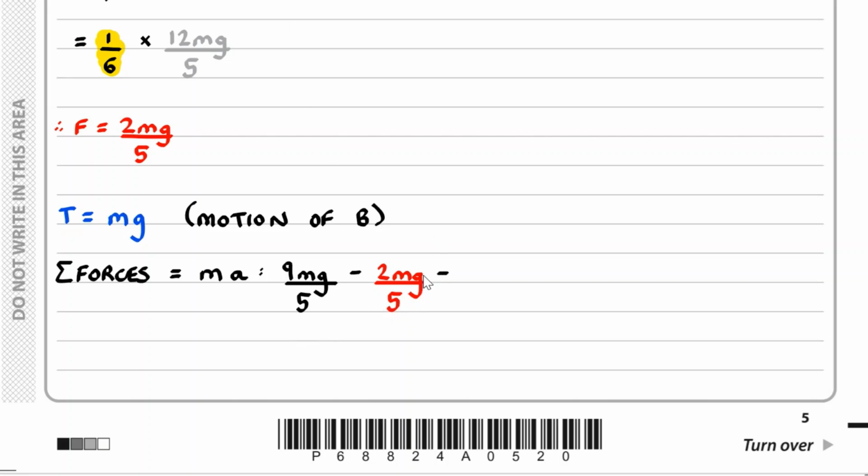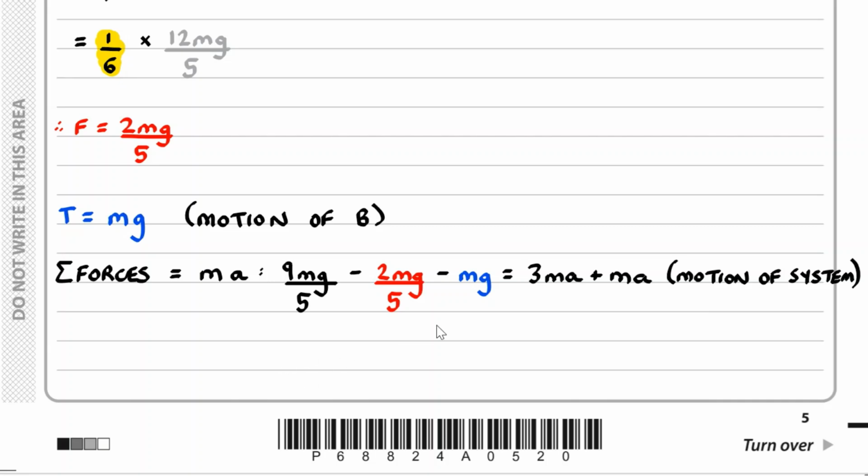We then subtract T, which is mg, and this is equal to the mass of A, which is 3m, plus the mass of B, which is m, and don't forget, we multiply these by the acceleration. What we have here is the motion of the entire system.